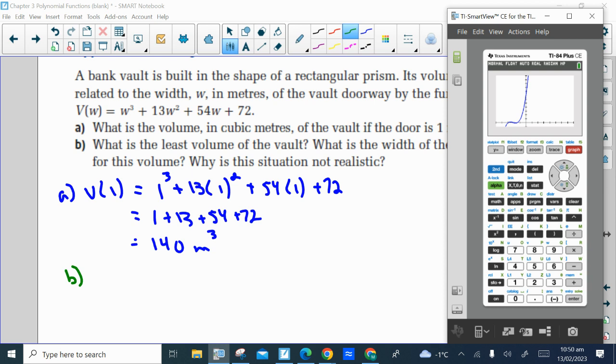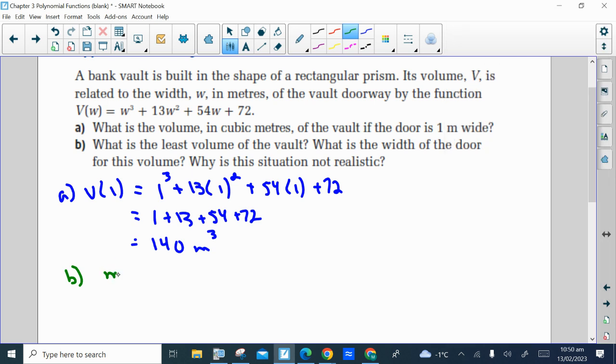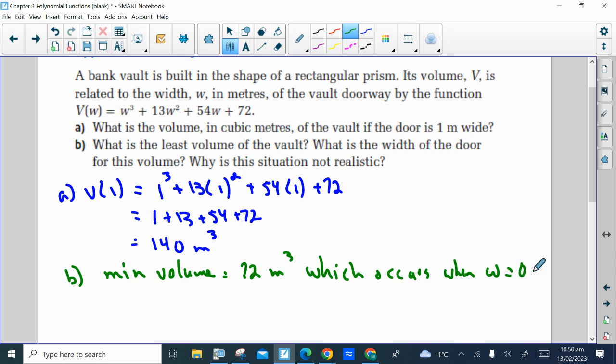And so that's why it says, why is this situation not realistic? So again, the graph tells us that the minimum volume will equal 72 meters cubed, which occurs when W equals 0, the width.